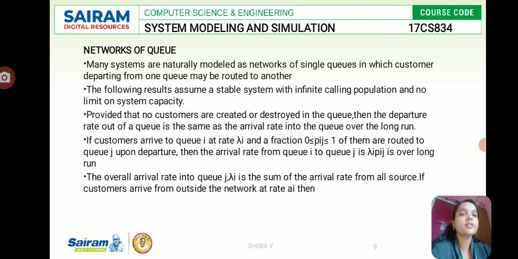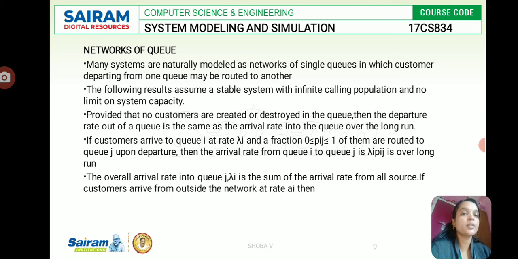The following results assume a stable system with an infinite calling population and no limit on the system capacity. For example, if a customer is arriving and departing from one queue to another, like he is coming for one service and simultaneously he may go for some other service, then there is a queuing behavior and queuing discipline that too depends upon the network capacity.